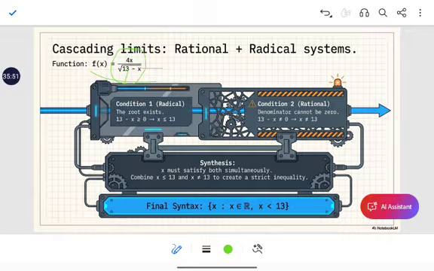All right, good. So what do we do? We first deal with the root: 13 minus x is greater than or equal to 0.